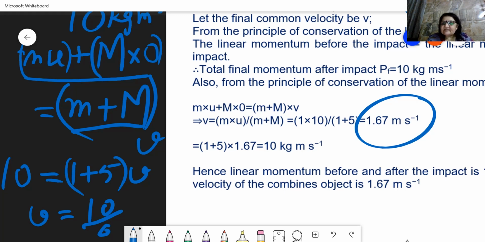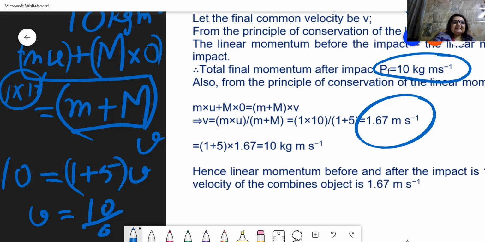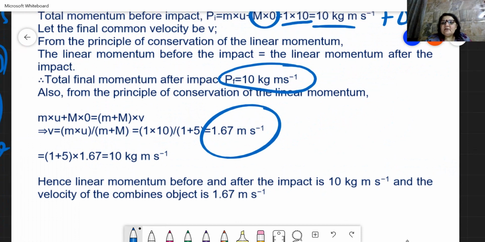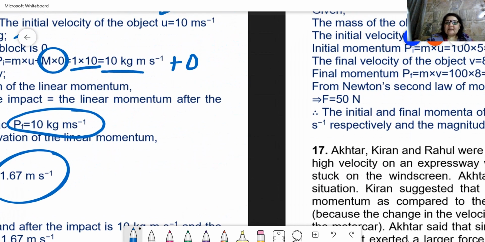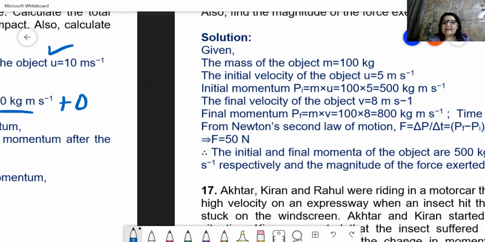You have understood it is 10 kilogram meter per second, because this is m, this is u, where you can just write the values here. The values, as you can see, is 1 into 10 only. This is 1 into 10, this is 0. So 1 into 10 is 10. So I hope you must have understood, and you can just follow this solution. Once I complete it, you see it again.